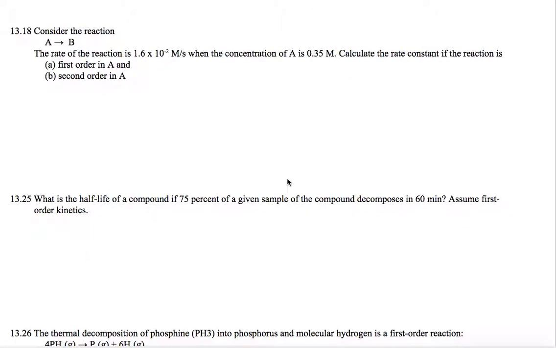Number 18 says the rate of the reaction is that thing there, 0.016, and the concentration of that reactant is 0.35. Calculate the rate constant if it's first order or second order. So I have two different rate laws I have to write. Rate is equal to constant times A raised to the first power, and then rate is equal to k raised to the second. And so we can plug things in.